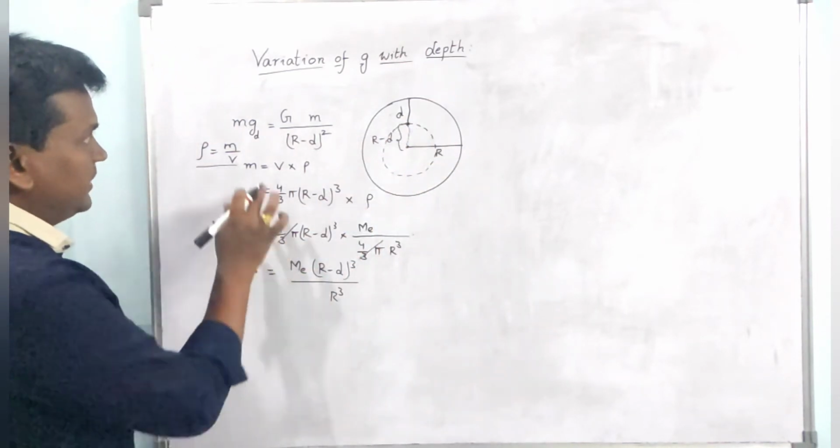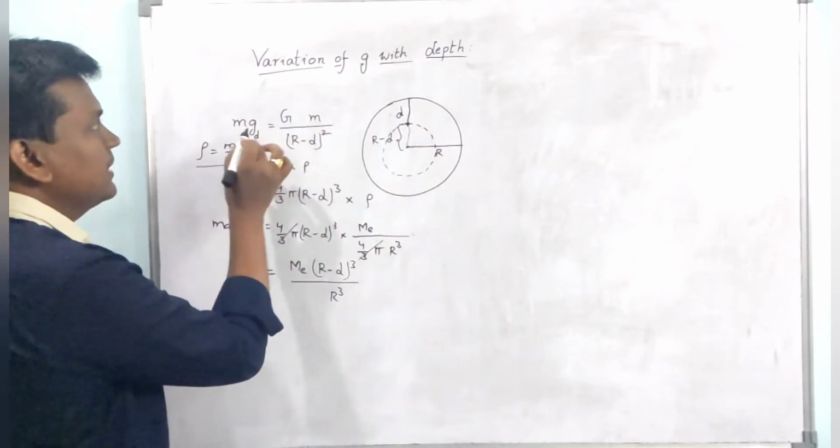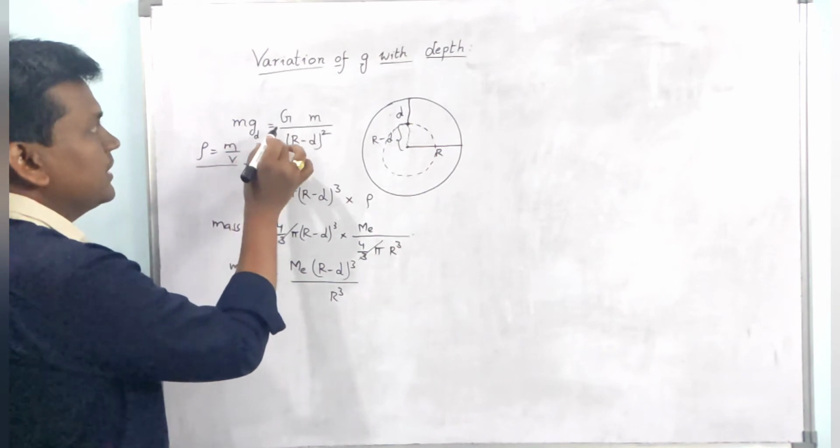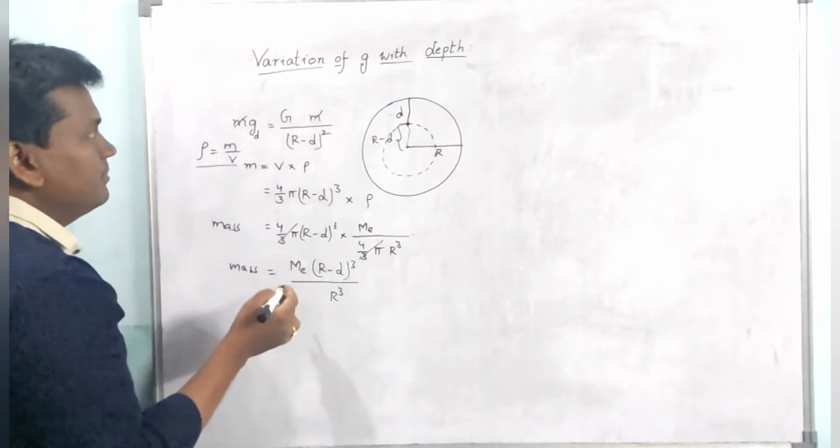Already we had the force acting on the particle: m g_d equals G M m by (R minus d) whole square. Cancel the small m and small m.